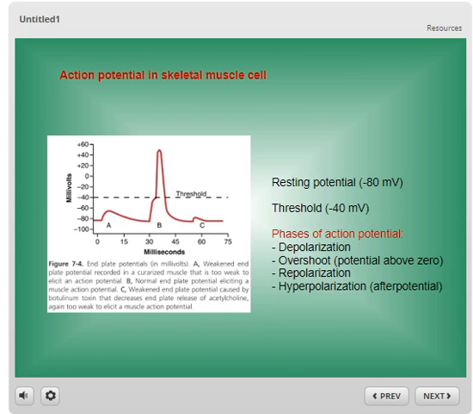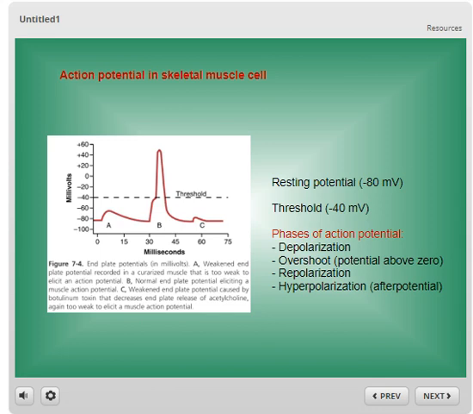Sometimes the membrane potential temporarily becomes more negative than the resting membrane potential, often dropping to about minus 90 millivolts or minus 100 millivolts.